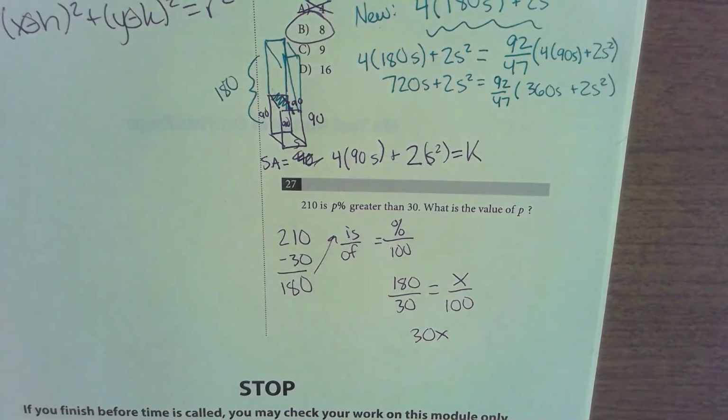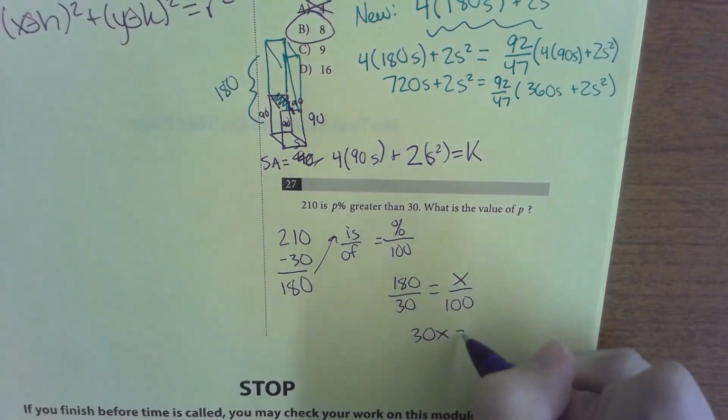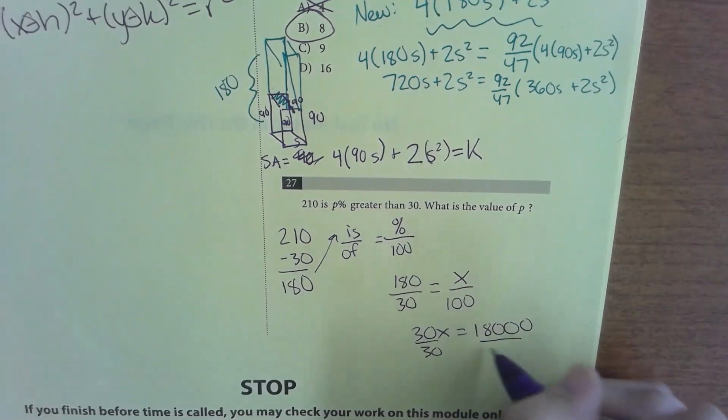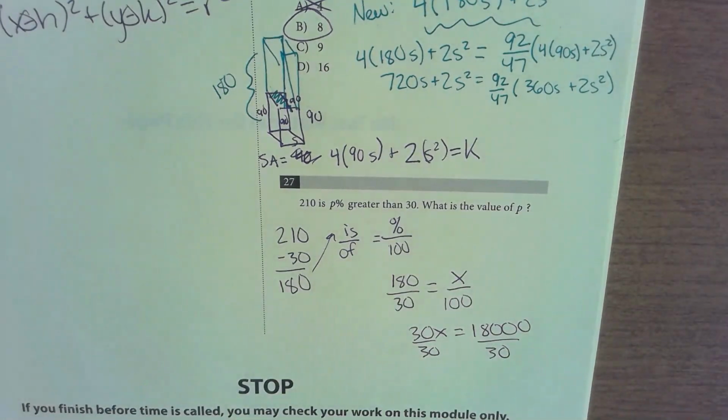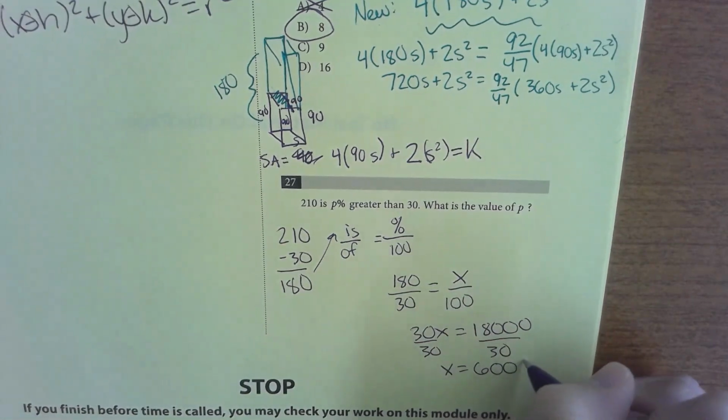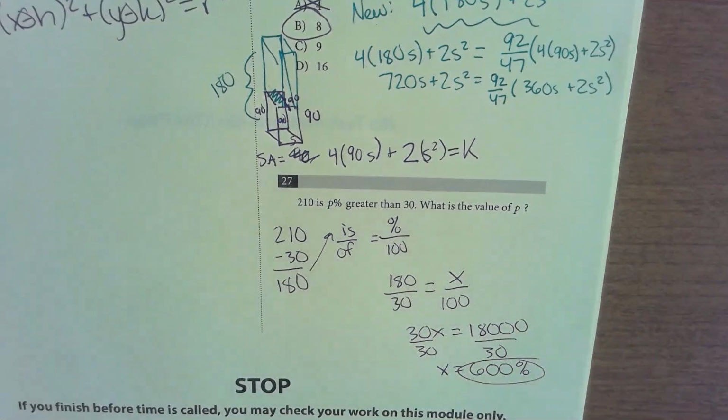So 180 over 30 equals x over 100. When we cross multiply, 180 times 100 gives 18,000. Divide by 30, divide by 30, x equals 600. We're getting 600% bigger. You can't type in the percent symbol on your student produced response question, but you can type in 600.